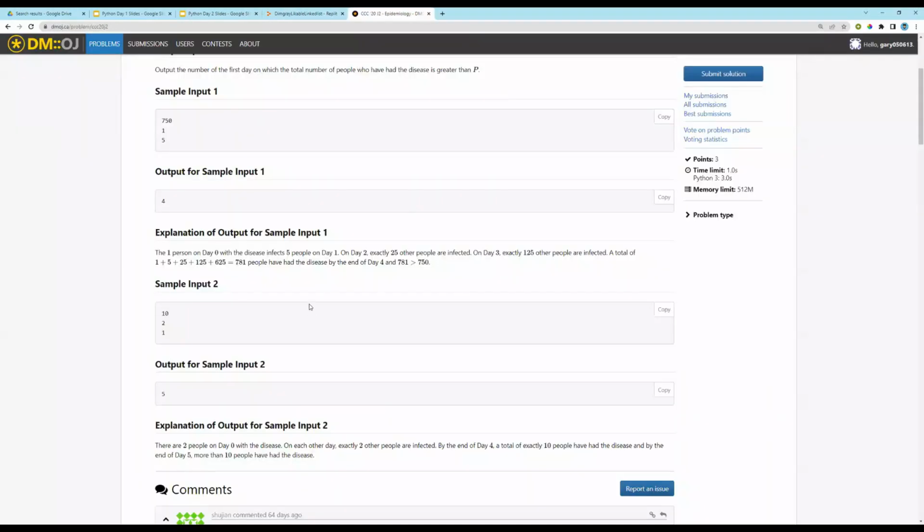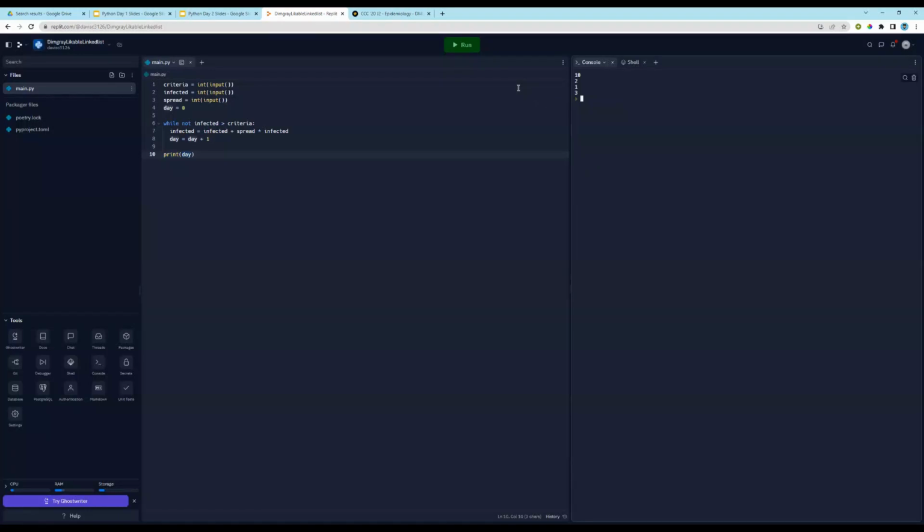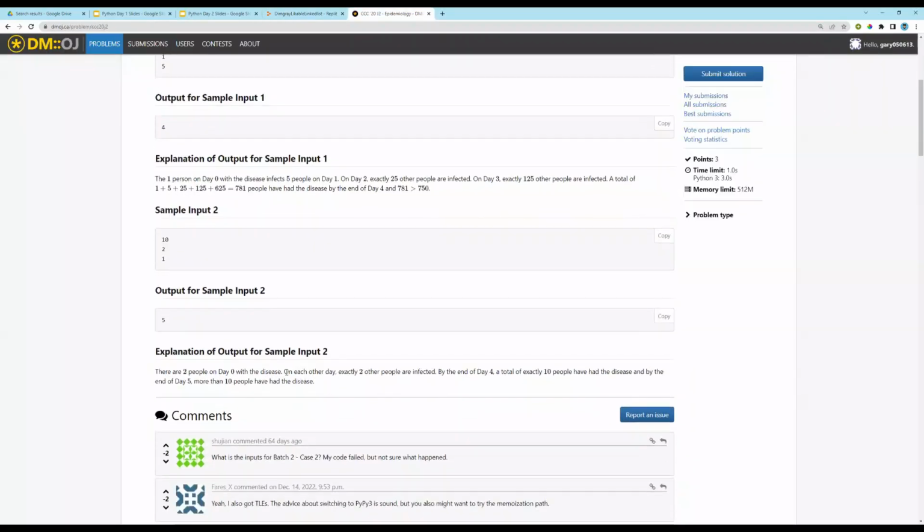Oh, we didn't get 5. That's weird. Well, it should be 3. Leaving on day 0 with the disease. Days after all the people are infected.